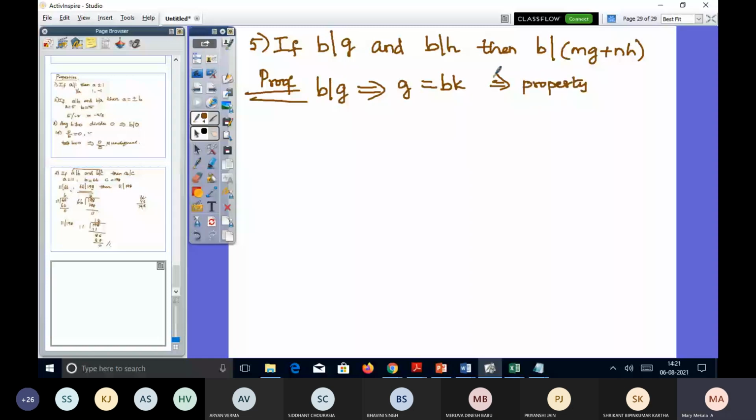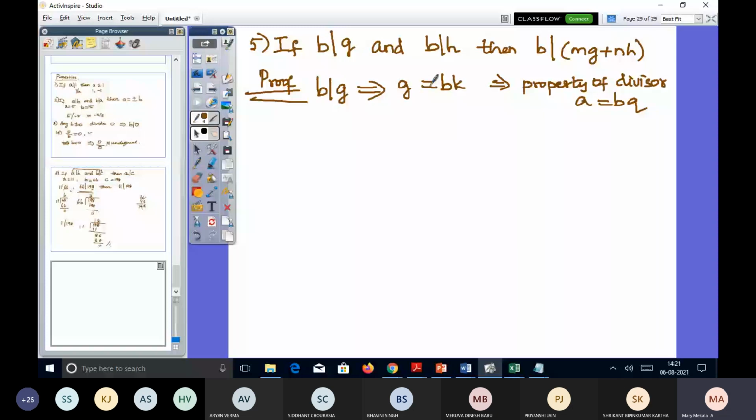What is the property of divisor? We have studied A is equal to BQ, and the remainder will be 0. So with respect to that only I have written G is equal to BK, right?